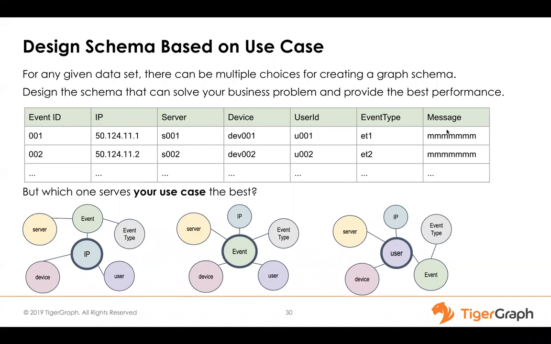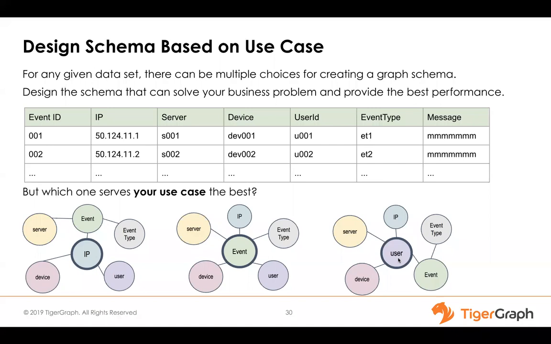Given this table, the set of edges we can define is infinite. We can define a lot of edges and vertices, so the choice of schema is also a lot. So how do we make the decision? Do we make it IP centered, which doesn't make much sense, or event centered, or user centered?